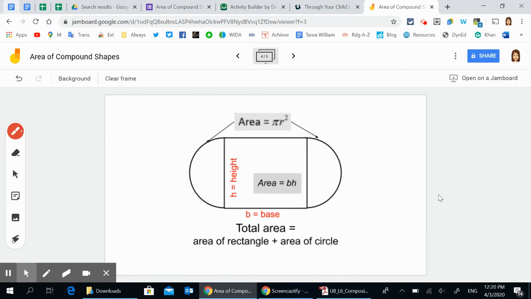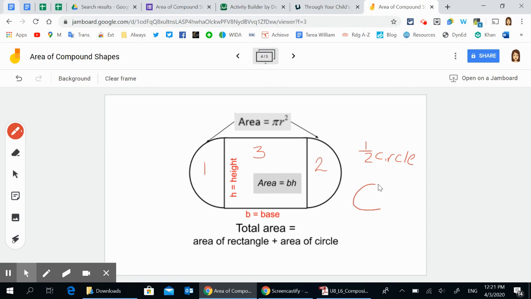Okay. This is another example that you will see. So when you get to this problem, I want you to notice that I have 3 shapes. I have 1, 2, and 3. However, if I look at shape 1 and shape 2, I see that they are both half circles.